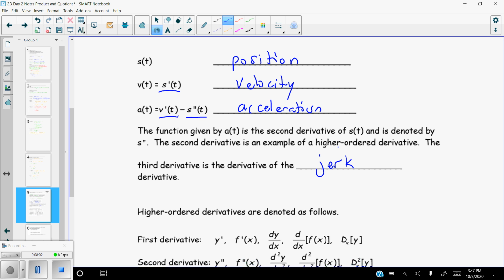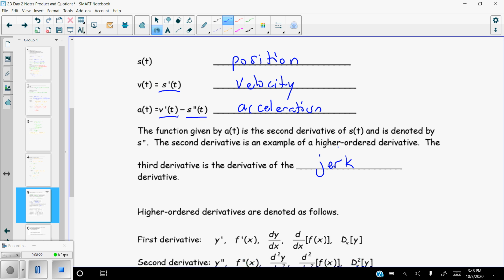The best example I can give is if you were to think about a whip. If you crack a whip and throw the whip out and then you snap it back, when you're snapping the whip back, it's actually jerking the acceleration in the opposite direction.